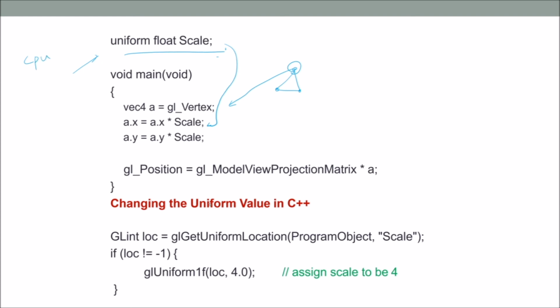Well, first you have to find the scale, right? So in the CPU. So this is where the CPU part comes in. So when you're writing the code, you say, okay, I want to get the location. And then when I get the location, this is how you get the location. And then this is the program.